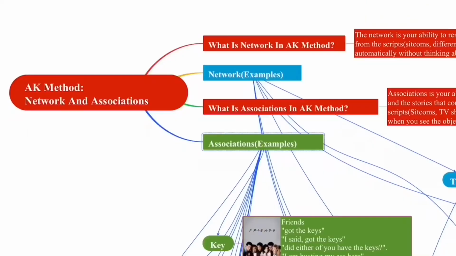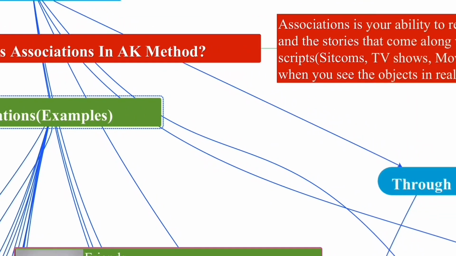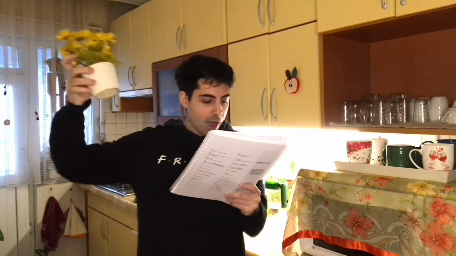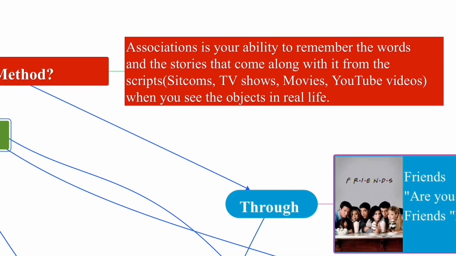When it comes to thinking in English, there are two important factors. The first thing is network, and the second thing is association. Okay, first of all, I would like to start with association. What is association? Association is when you see an object in real life, you are able to directly remember the name of the object in English, not in your first language.